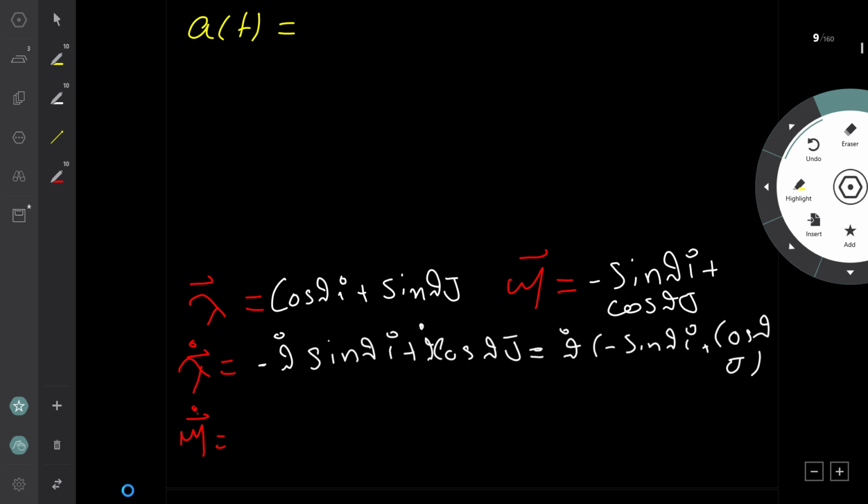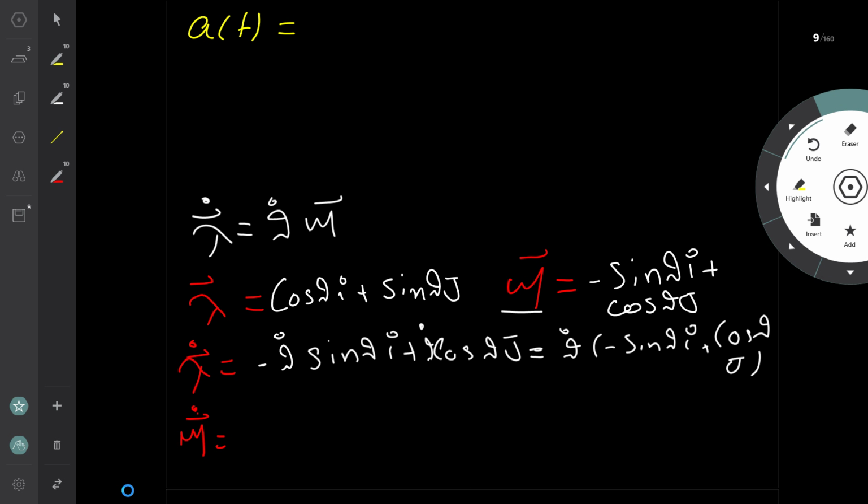If we look carefully, mu is minus sine theta along i plus cosine theta along j. So we can write lambda dot as theta dot along mu.